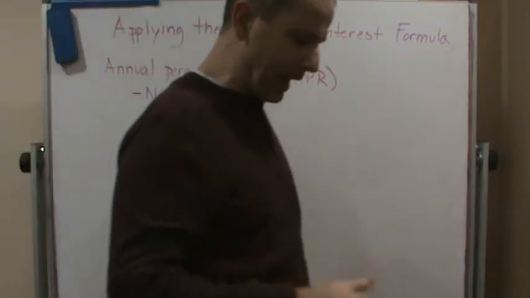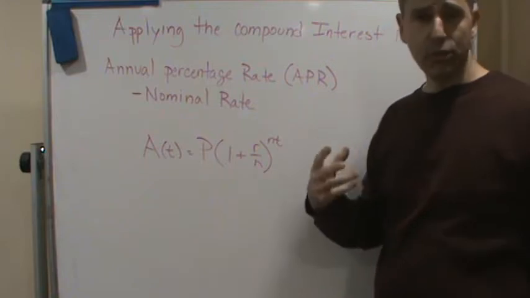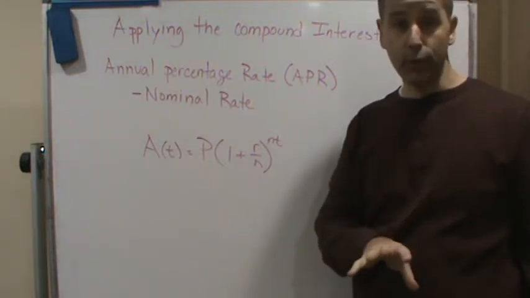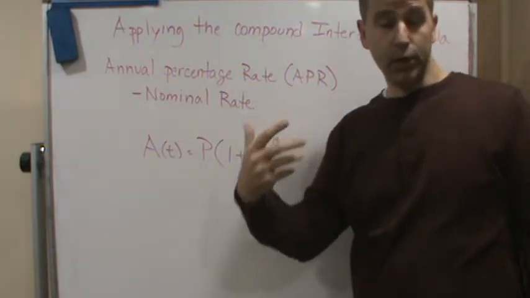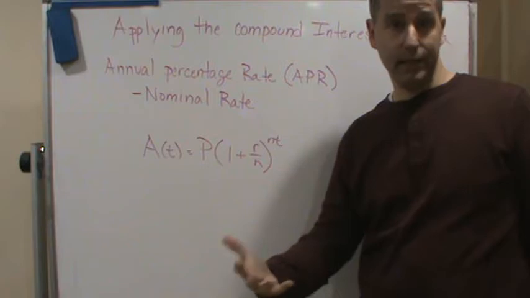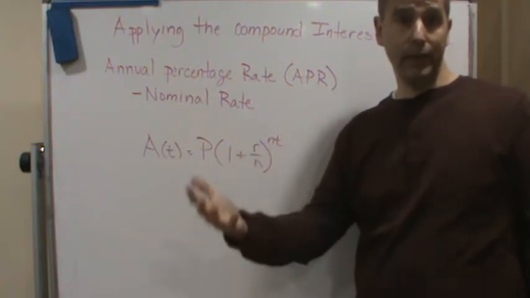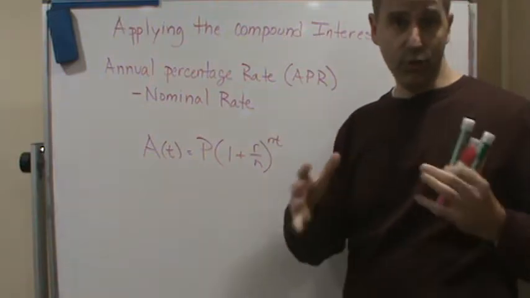Now, the thing about compounding, compound interest means that you're earning interest not just on the original amount, but you're also earning interest on the accumulated amount. So every month, let's say, or every year, you get interest on whatever amount you have in an interest-bearing account.